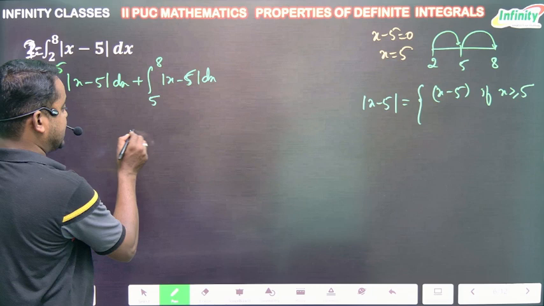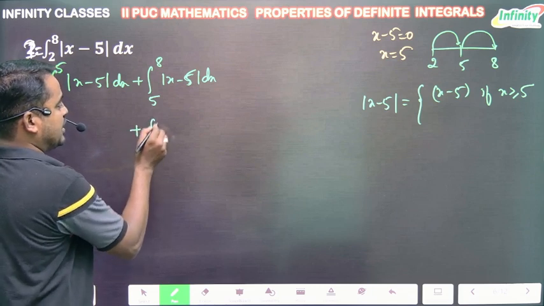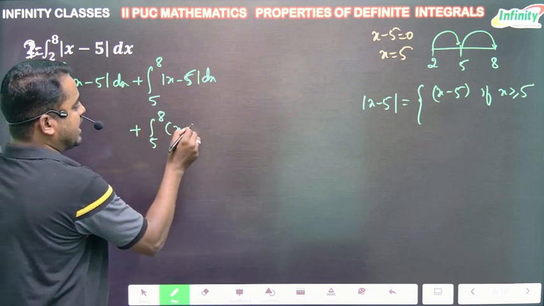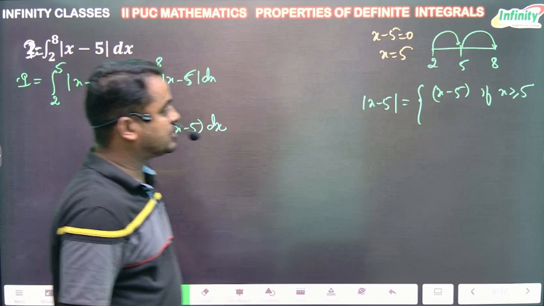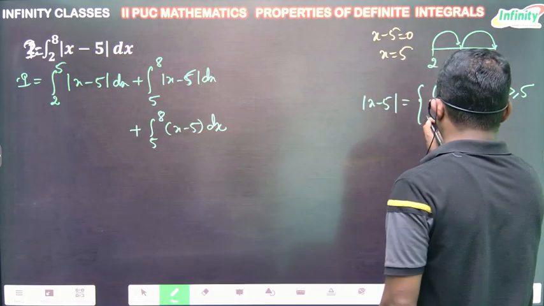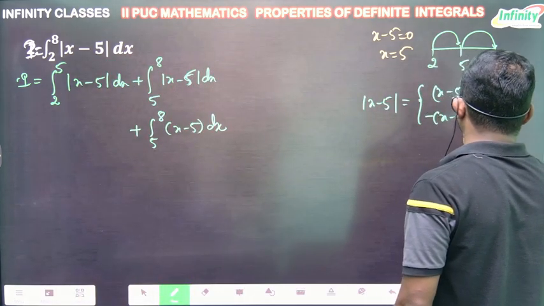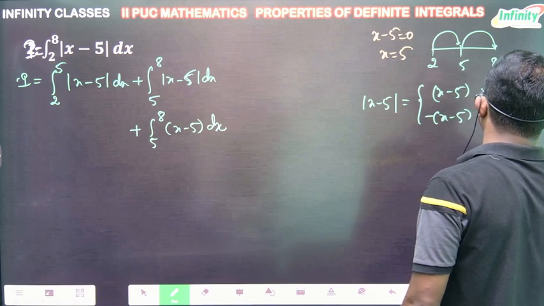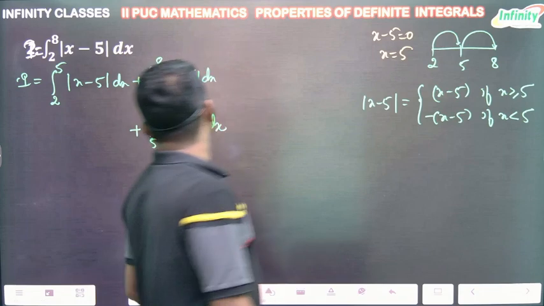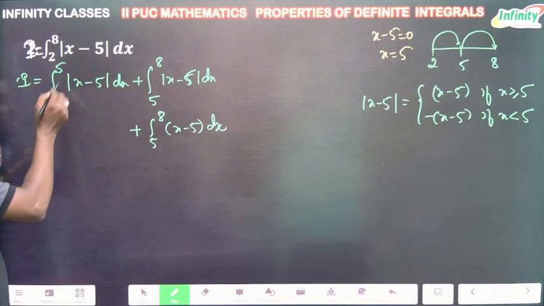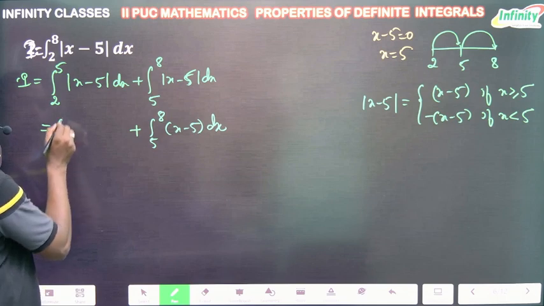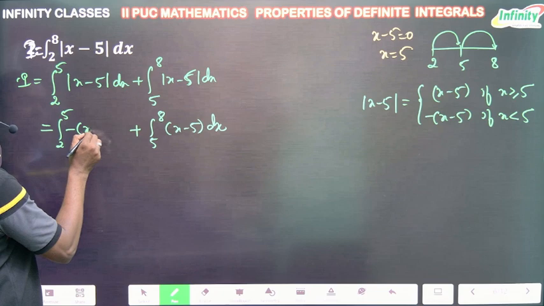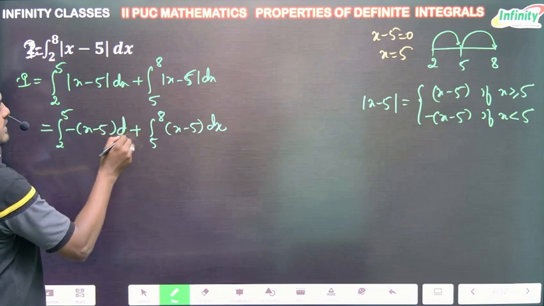On this interval it is positive, that is 5 to 8 x minus 5 dx. Now it is negative if x is less than 5. Less than 5 means this lies in 2 to 5. In this interval it is negative, that is 2 to 5 minus x minus 5 dx.